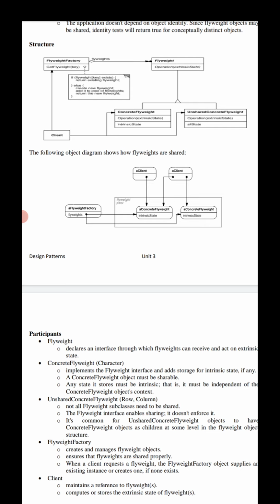A client will get a flyweight from the pool: a concrete flyweight subclass with intrinsic states, and one more concrete flyweight with intrinsic states. Here just one object can be used to create a larger number of objects, and we are sharing to support this efficiently. Okay, it is used to create n number of objects here.